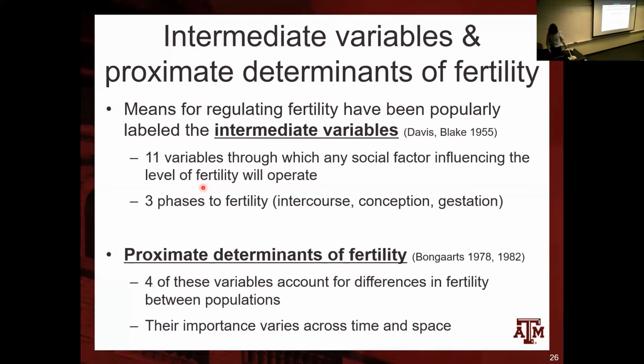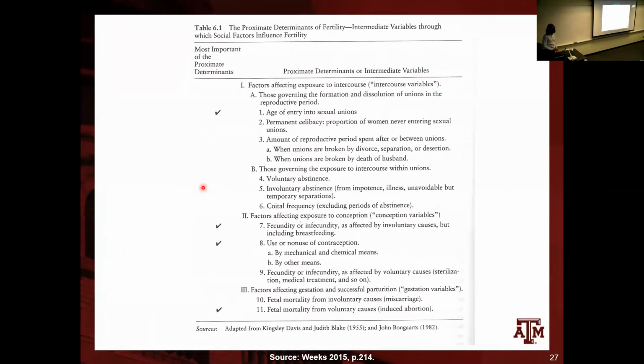So what exactly are these variables related to intercourse, conception, and gestation? This is a table adapted from exactly the studies from Davis and Blake and from the studies of Bongaarts as well, available in one of these textbooks that I have been citing a lot. It's not the required textbook, but I have been using it throughout the semester.